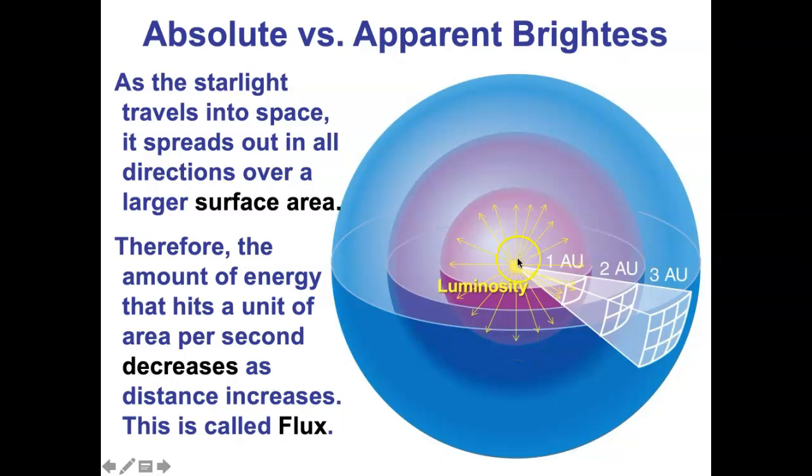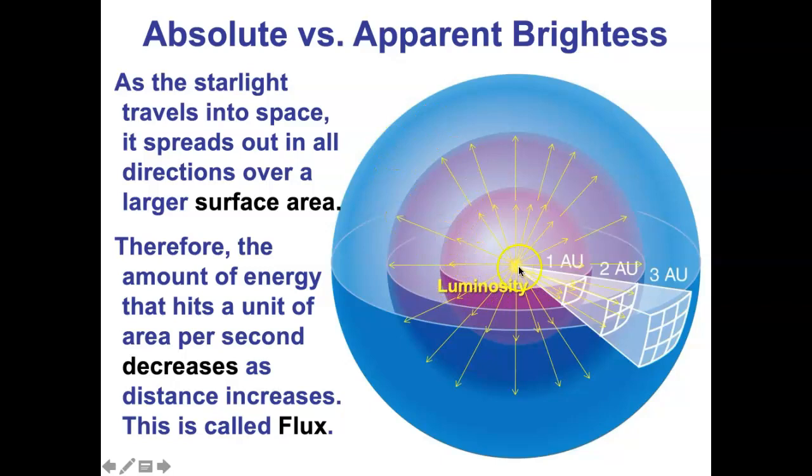As that starlight, as that luminosity travels away from the star, that light is being spread out across space. That light is being spread out over larger and larger spheres. And so the light that we see is a measure of the light that is spread out. Let's say this square here is your eyeball or your telescope or the surface of the planet.